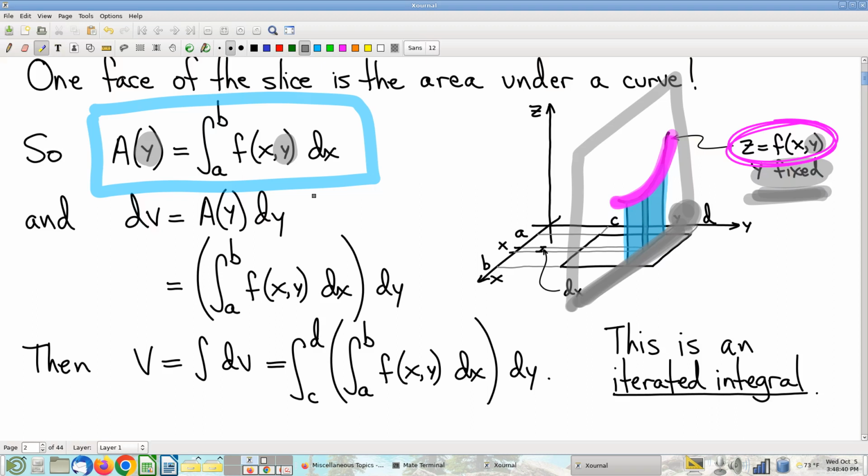You don't. There's really only the one variable. y is a constant. So cosmetically it looks a little weird, but this is in fact a plain old, regular old, single variable calculus integral to compute an area. Let me pause on that for a second. What do you think about that? Is everybody okay?